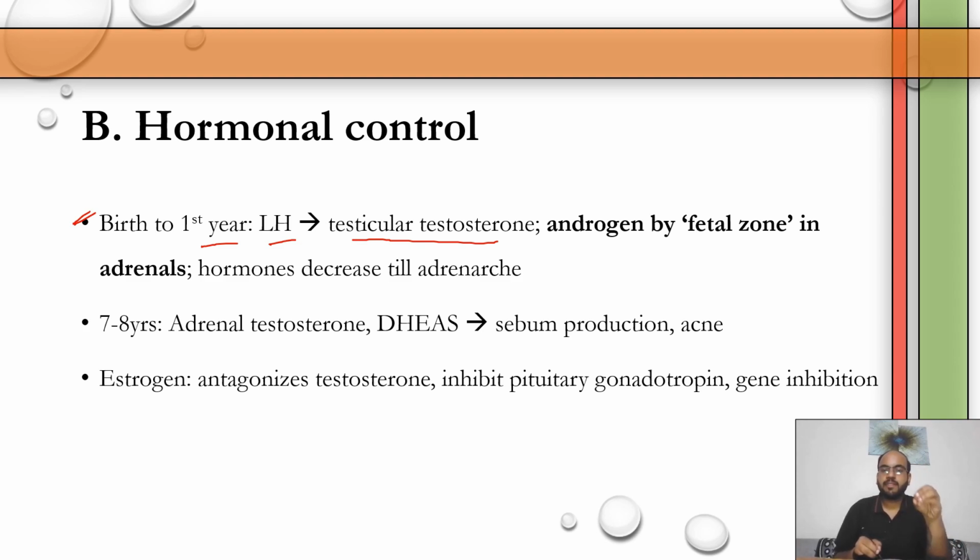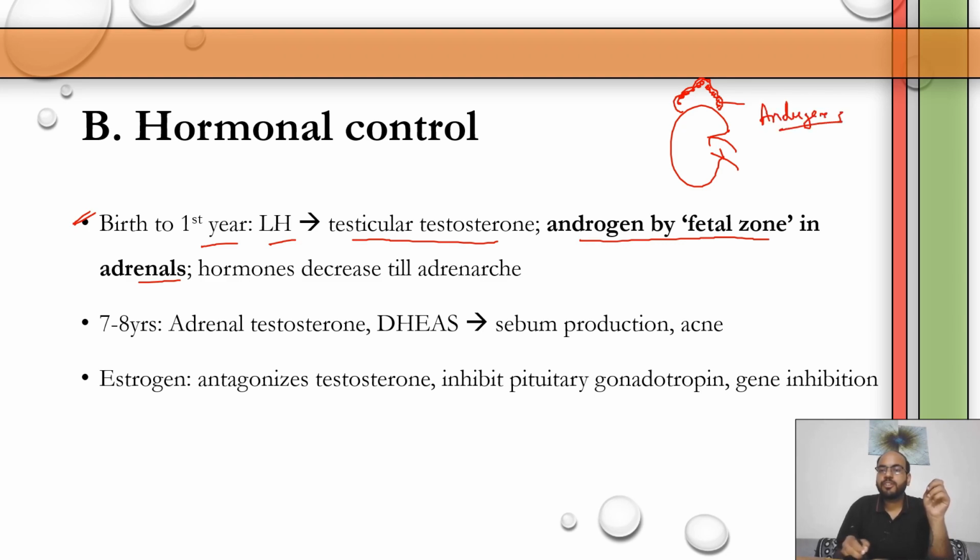This testosterone is not formed by the testes, it is formed by the androgens by the fetal zone in the adrenals. So in the adrenal gland, let's say this is a poorly shaped kidney, and then you have the adrenal gland. This adrenal gland will have a little portion devoted to production of androgens.